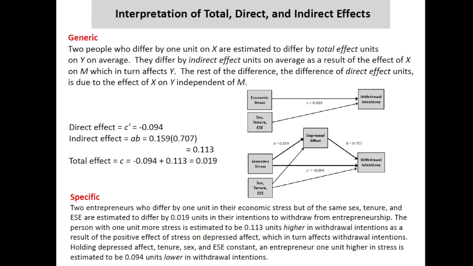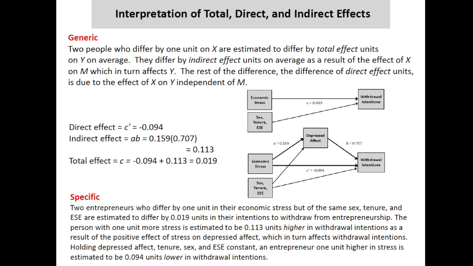So that 0.113 units due to stress putatively influencing depression, which in turn putatively influences withdrawal intentions. And then holding depressed affect, tenure, sex, and entrepreneurial self-efficacy constant, an entrepreneur 1 unit higher in stress is estimated to be 0.094 units lower in withdrawal intentions, lower because the direct effect is negative. Higher X paired with lower Y, holding M constant.